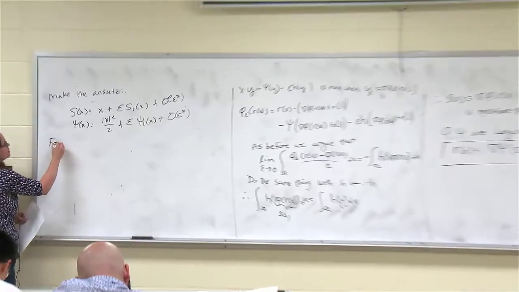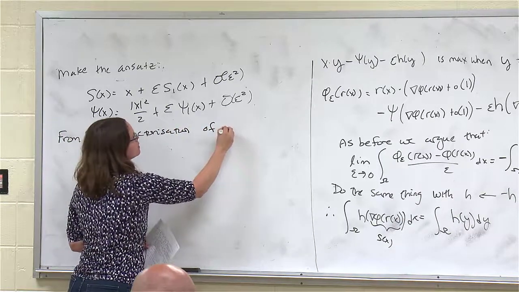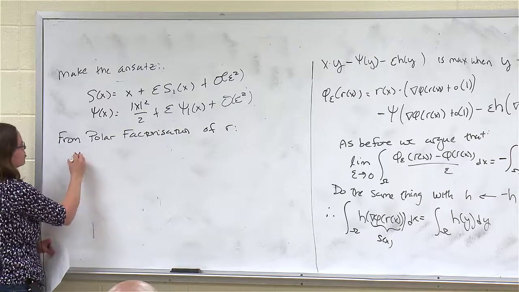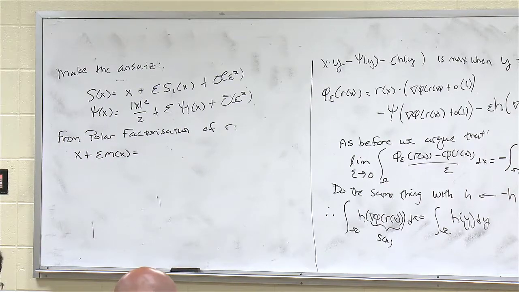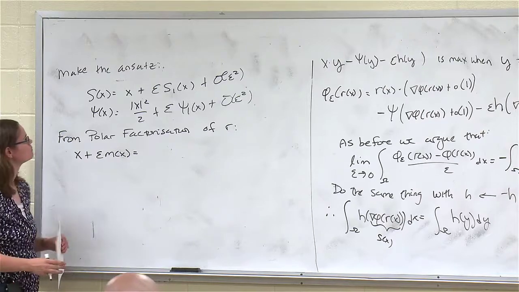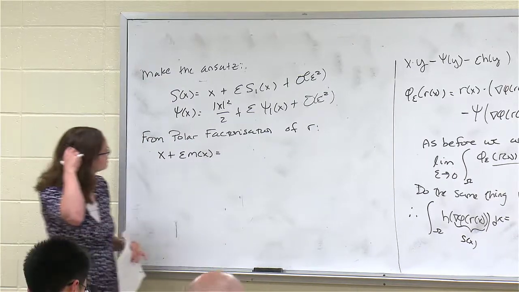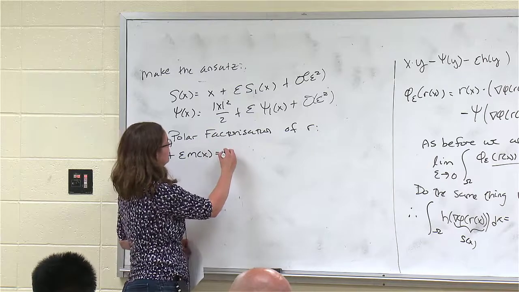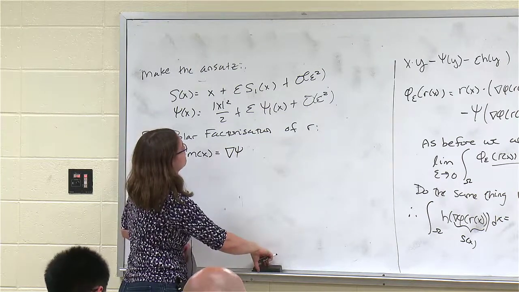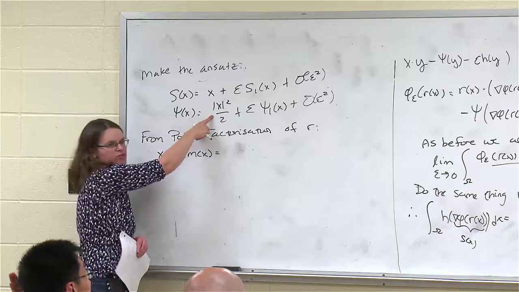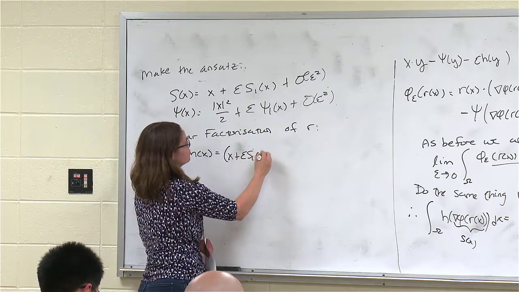Okay, so from the polar factorization of R, R was equal to x plus epsilon times M. Okay, this should now be equal to grad C evaluated at S. So gradient of this is the identity, which we're going to evaluate at S. So that's going to be x plus epsilon S1 of x plus order epsilon squared.